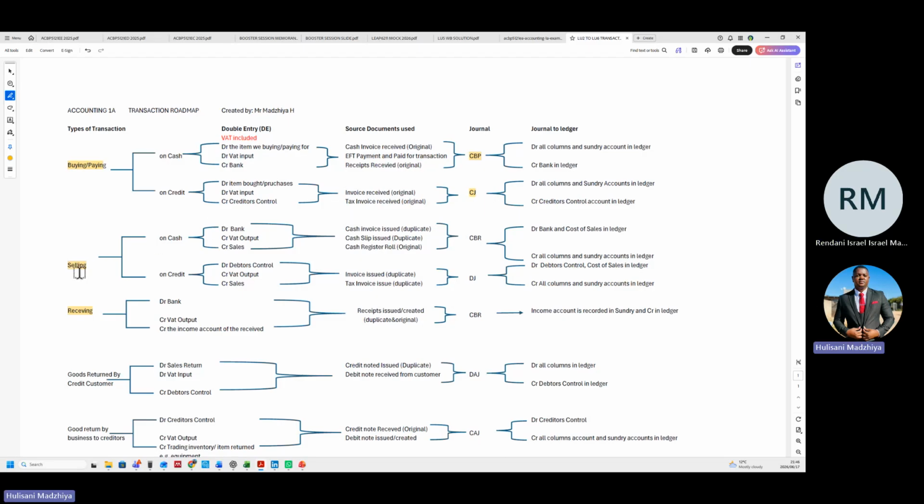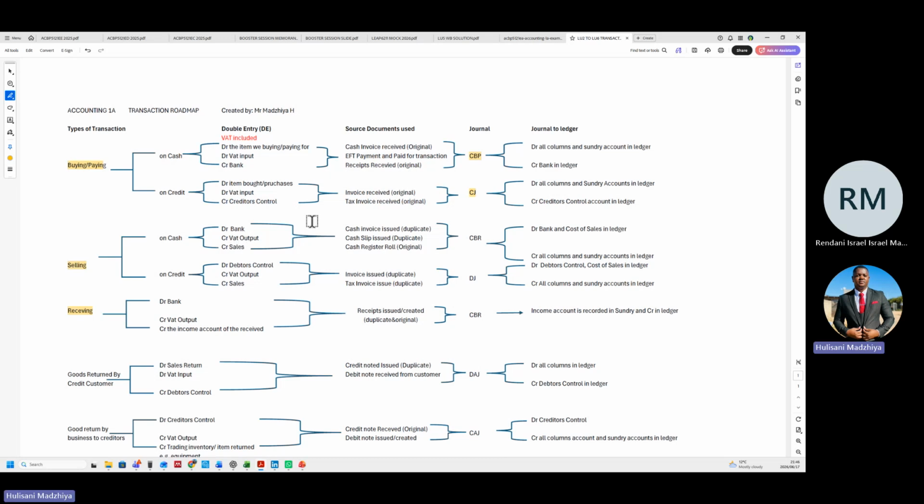Then moving to selling. Selling is the same thing. We are either selling goods on cash or on credit. If we're selling goods on cash, your bank is always debited because money will be coming into the bank account, and then you will credit sales because sales is an equity account, it will increase.